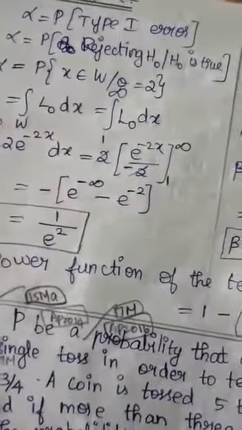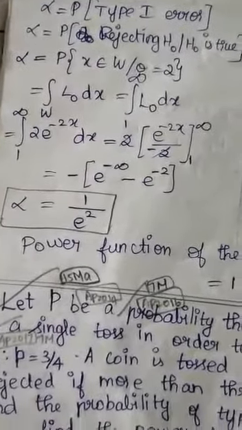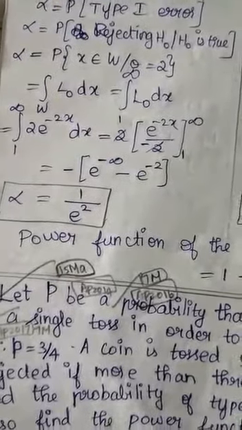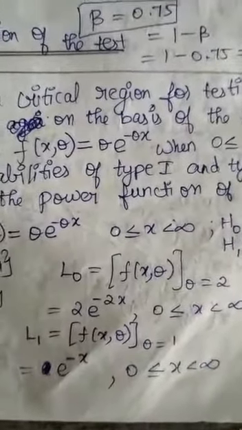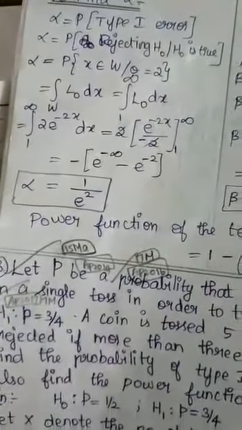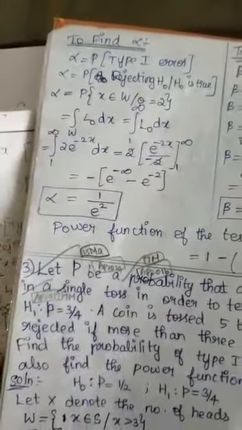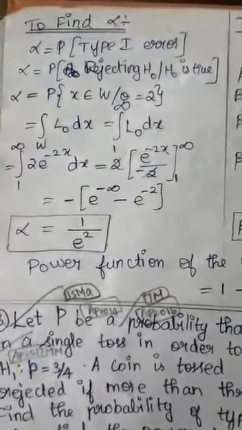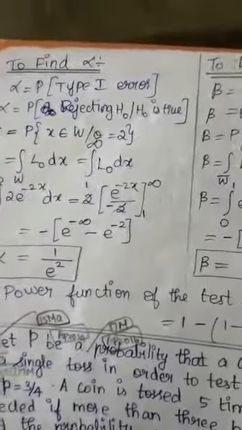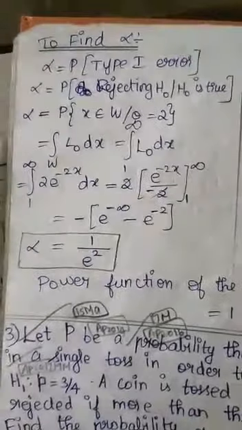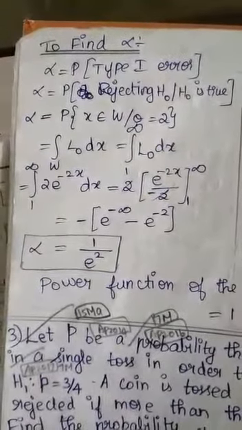Then we integrate from 1 to infinity of L0. L0 we got previously as 2 e power minus 2x. So we replace it: integral of 2 e power minus 2x dx, with 2 as a constant outside. Integrating e power minus 2x gives e power minus 2x by minus 2, with lower limit 1 and upper limit infinity.